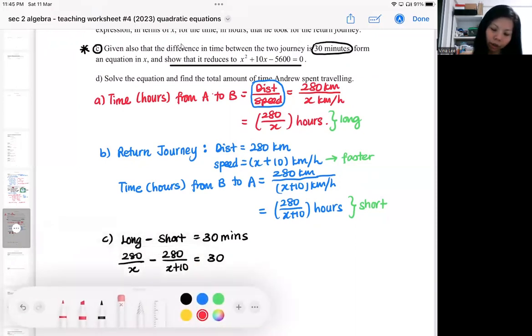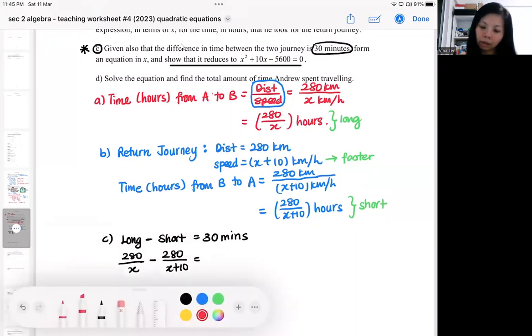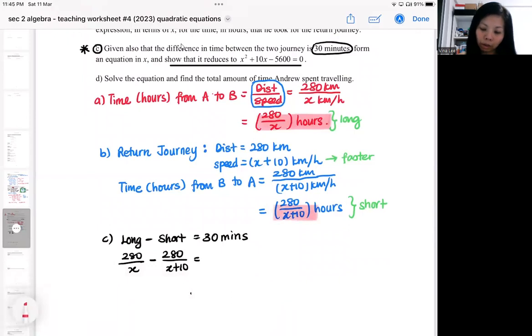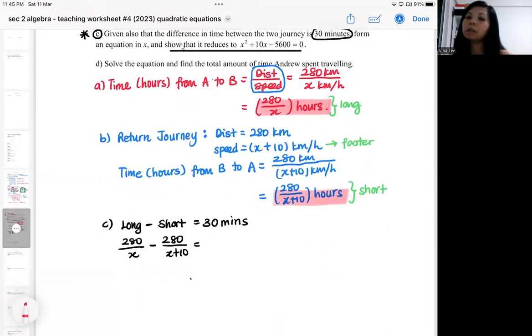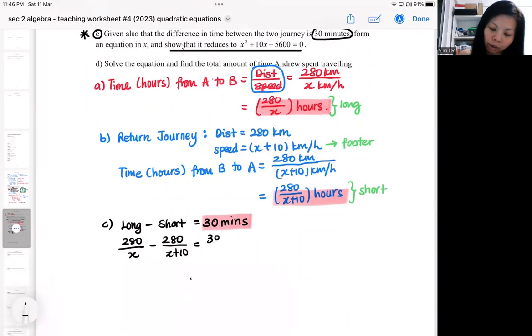Why does it not match? Because this is in hours. This is also in hours. So if the quantity is in hours, I cannot be using 30 minutes. I got to convert the 30 minutes to hours, which is half an hour.